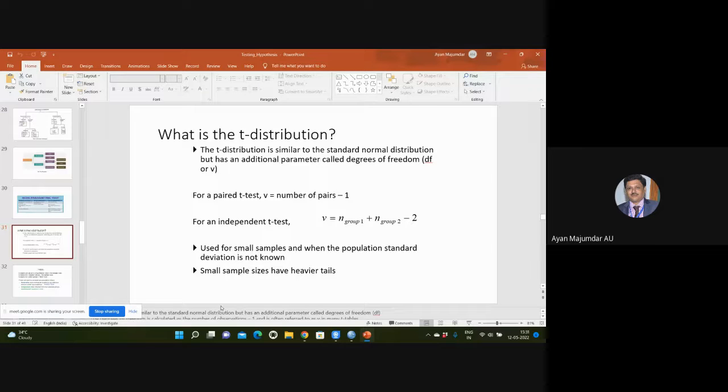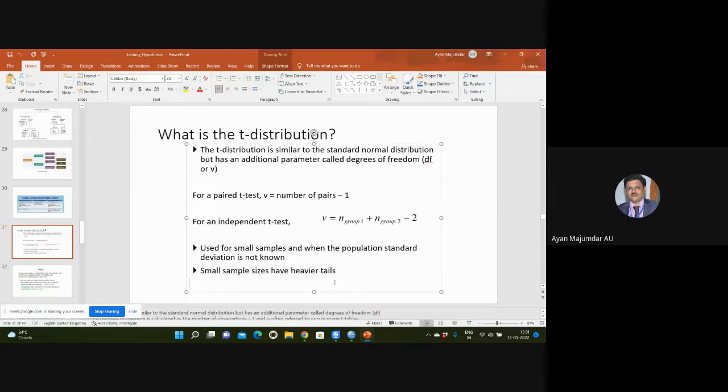Now, when will we apply the t-test? The t distribution is almost similar to a standard normal distribution. The main thing is that we use the t-test when the sample size is small.